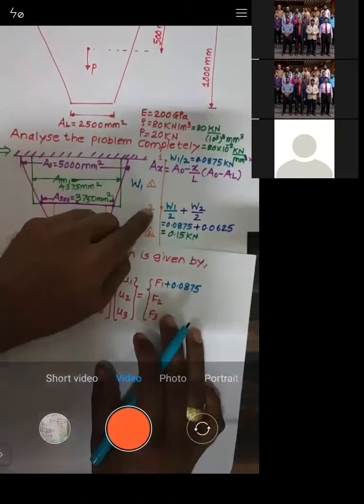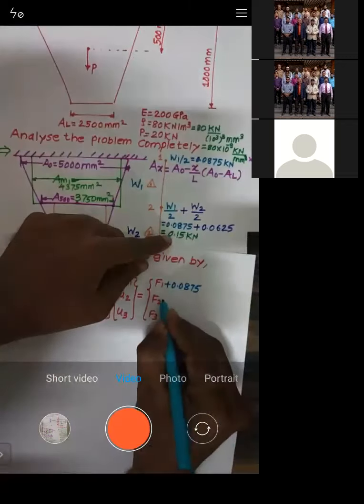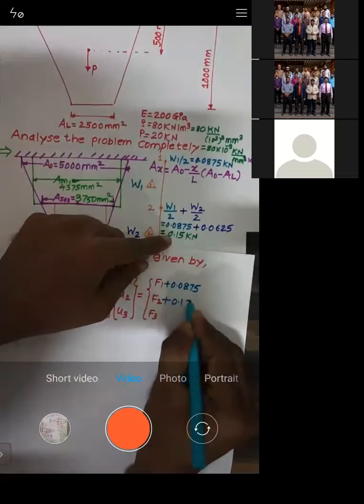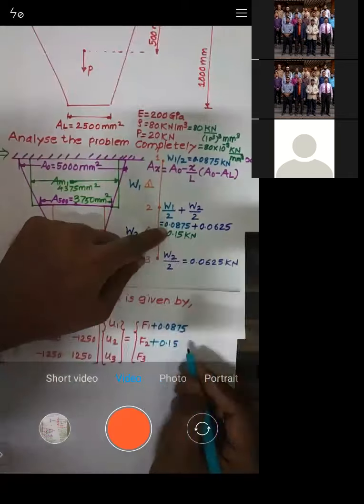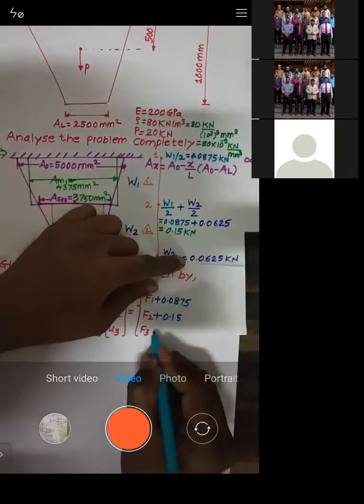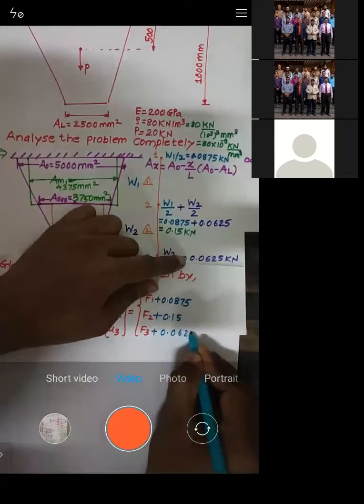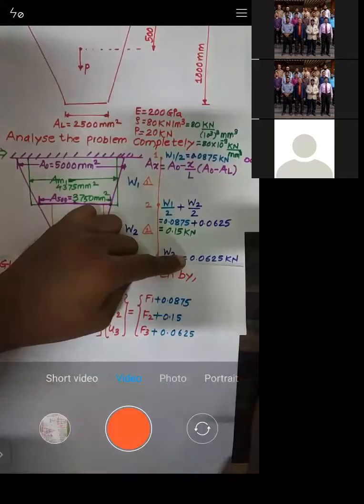Now go for node 2. So at node 2, how much will act? Plus 0.15. So I'll write down plus 0.15, right? Now at node 3, how much will act? Plus 0.0625.